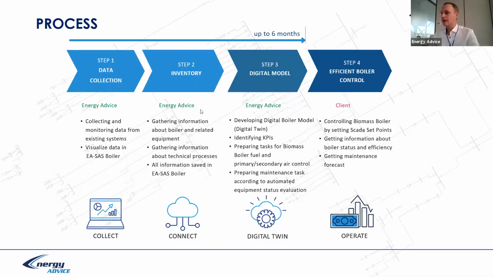We are proposing you more. We need the boiler specification, the pump, the fan, the technical characteristics of your equipment. Next, about the processes, we also get the information and put it into the EA-SAS boiler system, and this data is saved.